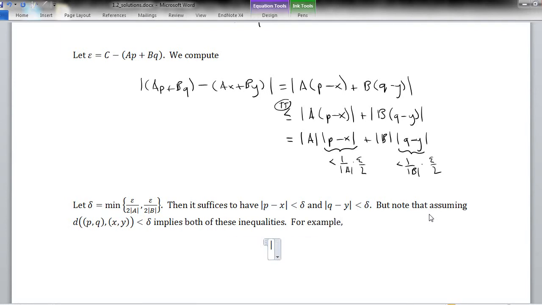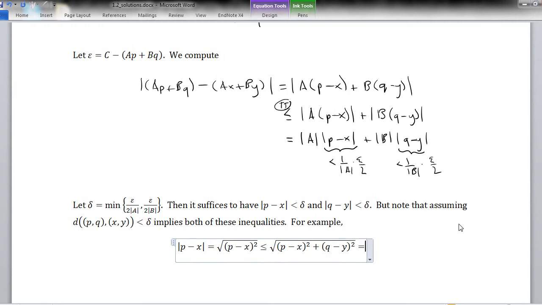Okay. For example, let's look at absolute value p minus x. Right. That is equal to the square root of p minus x squared, right? And that's certainly less than or equal to square root of p minus x squared plus q minus y squared. Right, because to go from here to here, we're just adding something non-negative under the radical, and that's certainly not going to make it smaller.